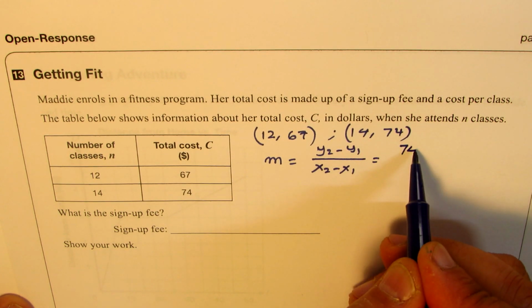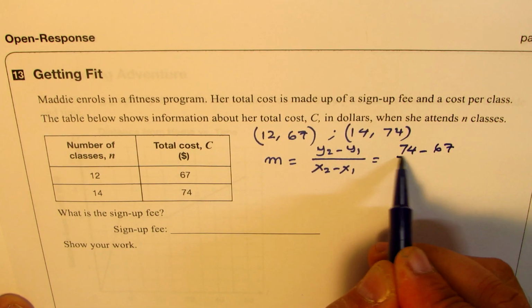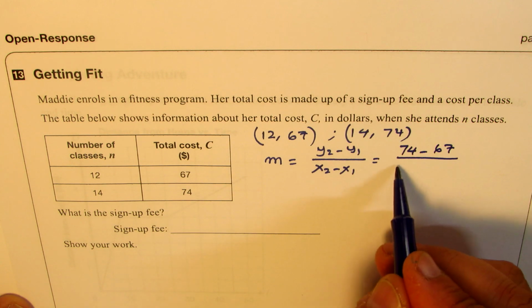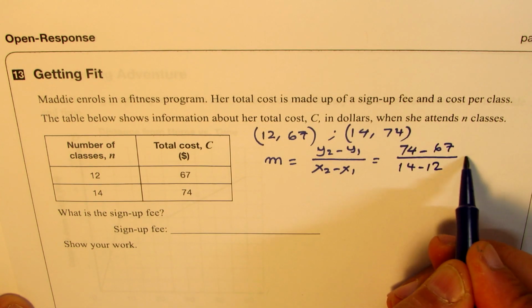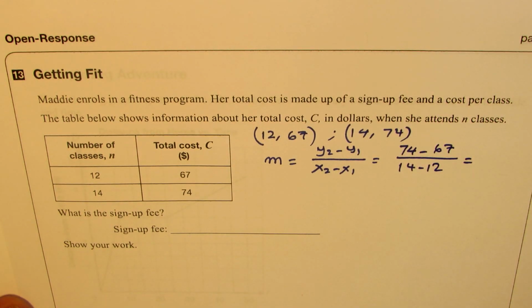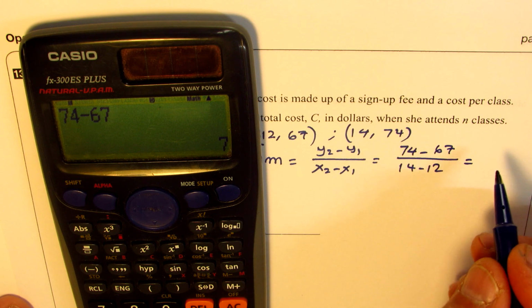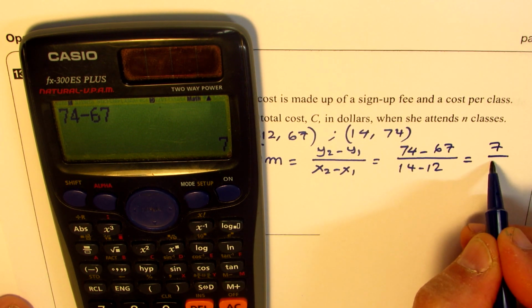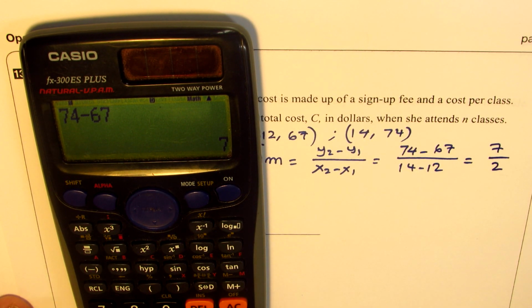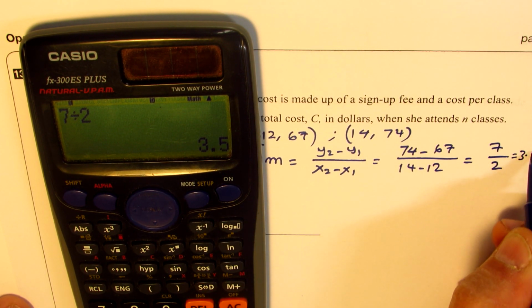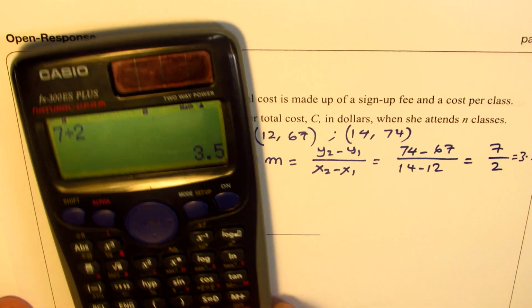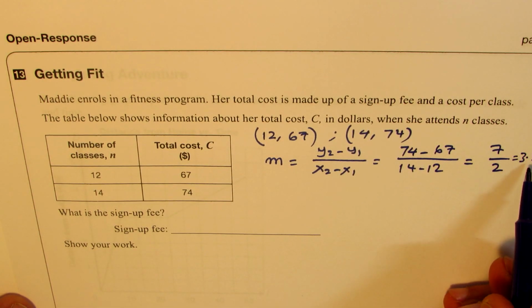So it will be 74 minus 67 divided by 14 minus 12. Correct? Now use your calculator. So we have 74 minus 67 equals 7 over 14 minus 12 is 2, right? So 7 divided by 2 will be, in fractions, 3.5. It is always better to use fractions. I'll recommend that. So don't go to decimals, right?